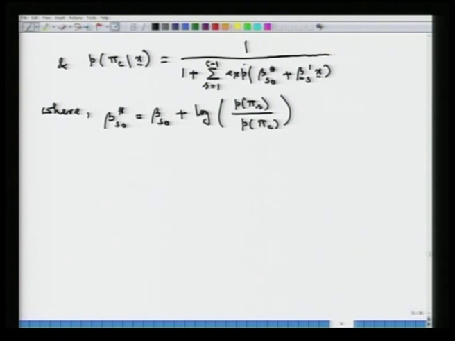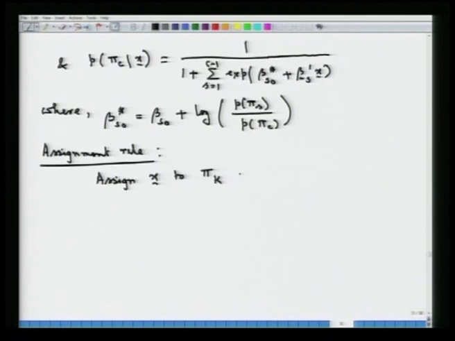The assignment rule is the following. Using this logistic discrimination function is just the extension of what we have for the 2 class problem. Assign x to pi k if the posterior probability of the kth population given x is the maximum over i of all these posterior probabilities p of i given x.